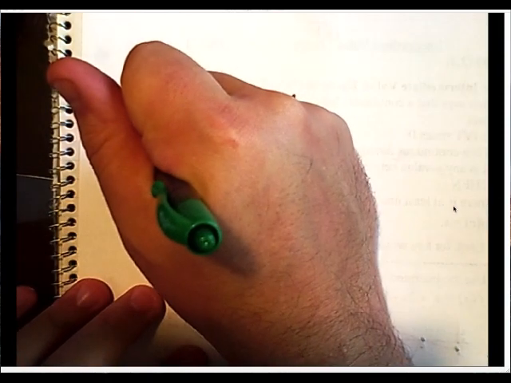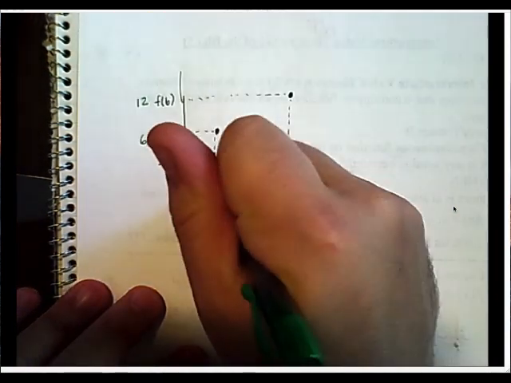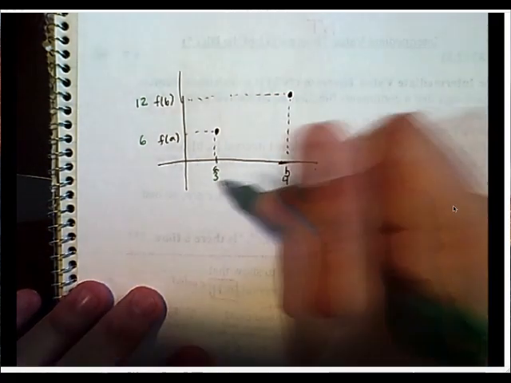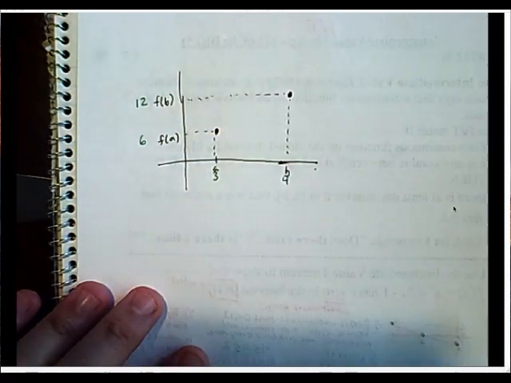So kind of going back to that previous example, let's call that 6 and let's call that 12, and let's call this 3 and let's call this 4. Okay. So as long as this function is continuous, let me just draw it in here.